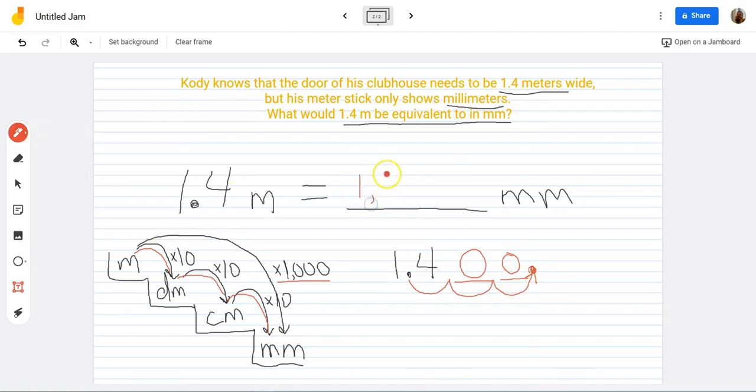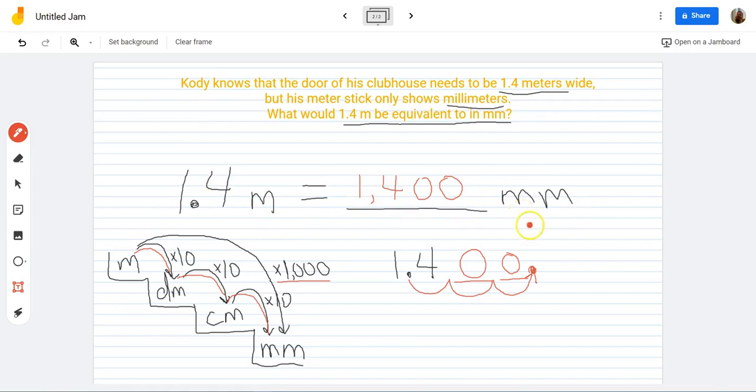And we're going to make sure to put that comma between the thousands place and the hundreds place. That makes it a lot easier for us to read this value. So there you have it. And we can double check to make sure that this measurement is correct. 1 4/10 meters is equal to 1,400 millimeters.